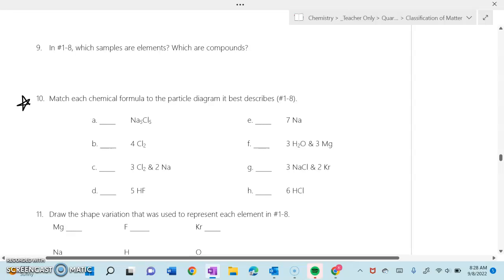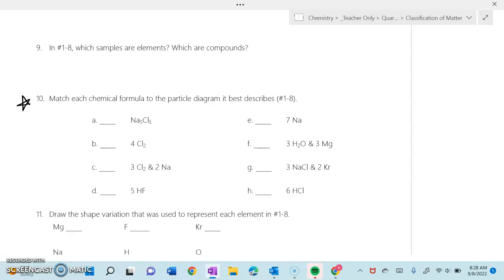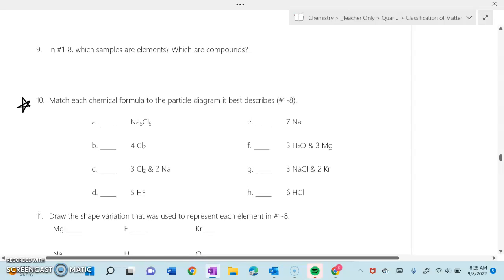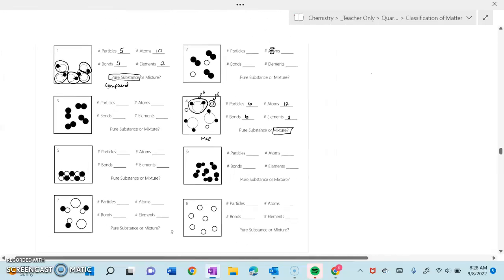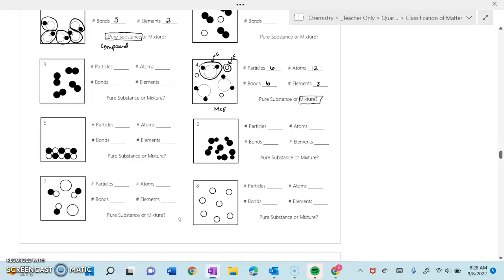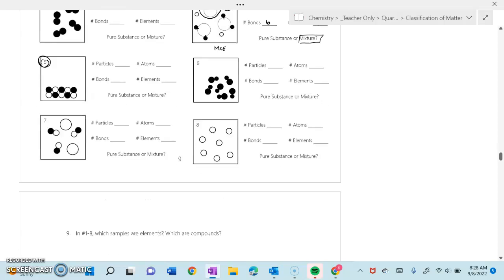So let's start with A, Na5Cl5. This is all one particle because it's all grouped together. And we have 5 of one shape and 5 of another shape. Take a look at all of our pictures here. Looks like number 5. One big particle, 5 of one element, 5 of another element.